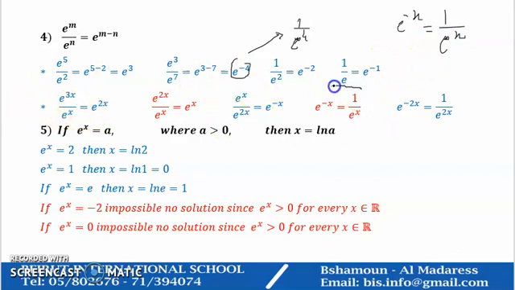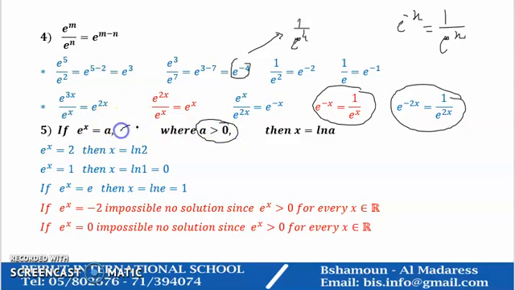Now, as I said, this is the question here. And e^(-2x) equals 1 over e^(2x). Now, if we want to solve e^x = 2, it is admitted that x = ln 2. Of course a must be positive, since e^x = a has a solution only when a is greater than 0.